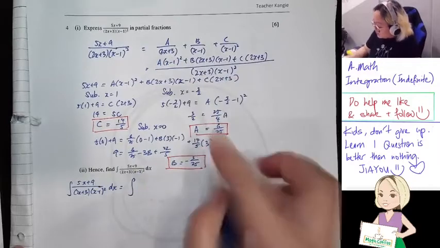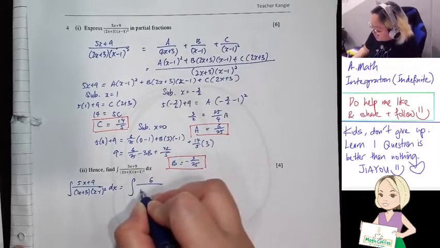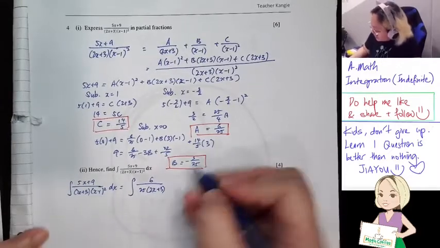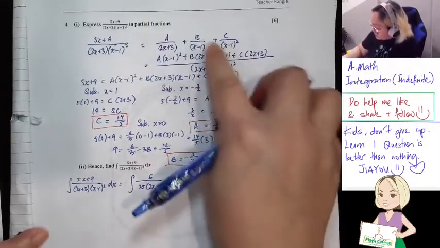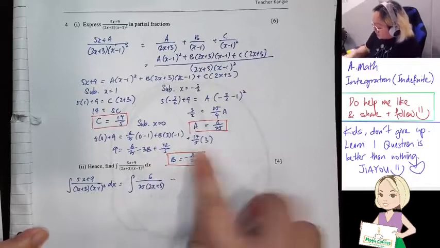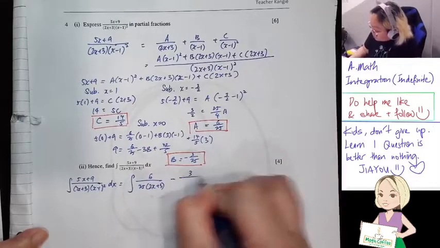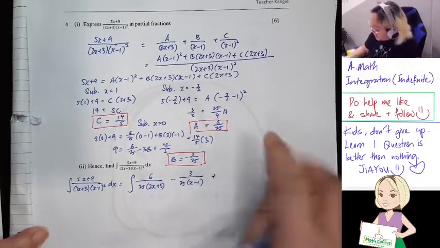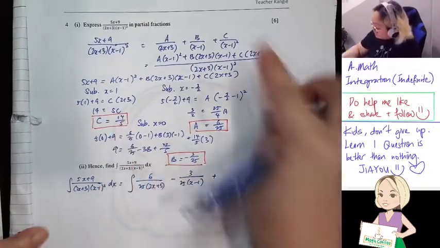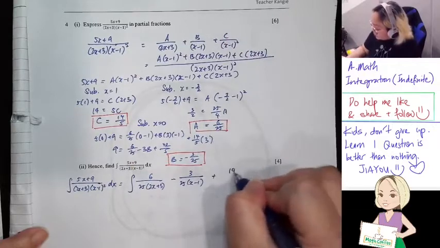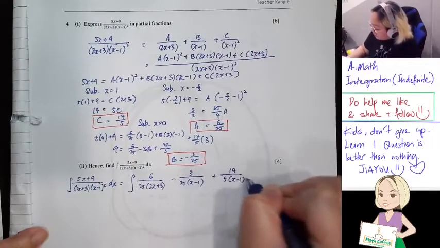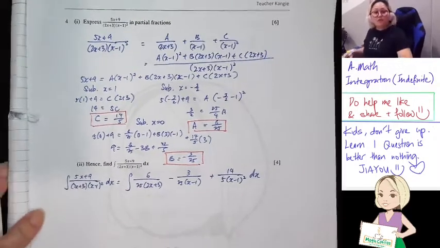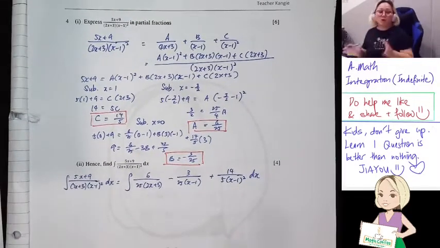So my A is 6 over 25 (2x plus 3), minus, my B is negative 3 over 25, so it's 3 over 25 (x minus 1), plus my C is 14 over 5, so it is 14 over 5 (x minus 1) squared. Got it? So this is one part whereby you will use your partial fraction.